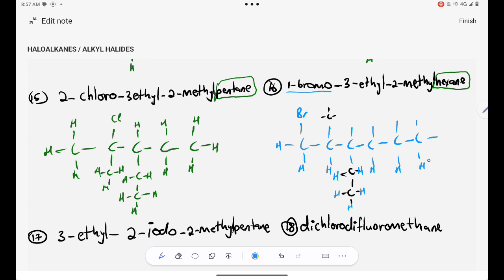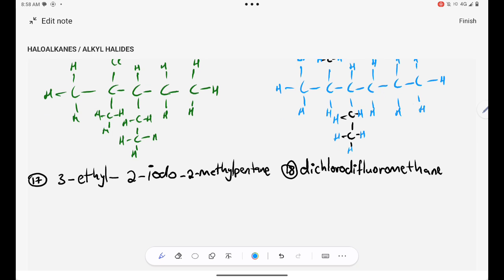That's how, guys, you're supposed to draw this compound. This is the structural formula of 1-bromo-3-ethyl-2-methylhexane.